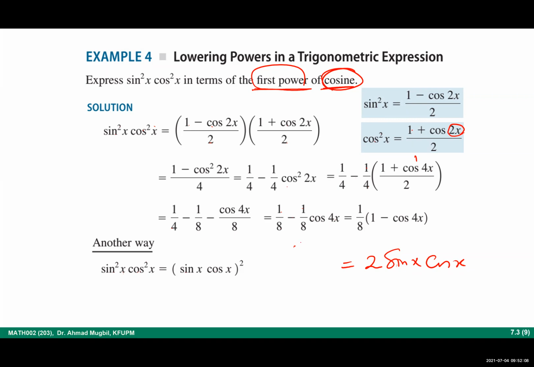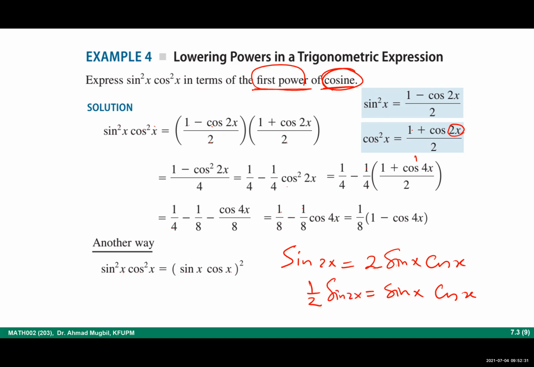Cosine or sine? Sine. Ya Shabab, ittaqullah. It is sine 2x. Thank you, Abdul Hamid. Sine 2x, ya Shabab, is 2 sine x cosine x. So now, what will be sine x cosine x? We will just divide by 2. So it will be 1 over 2 sine 2x.